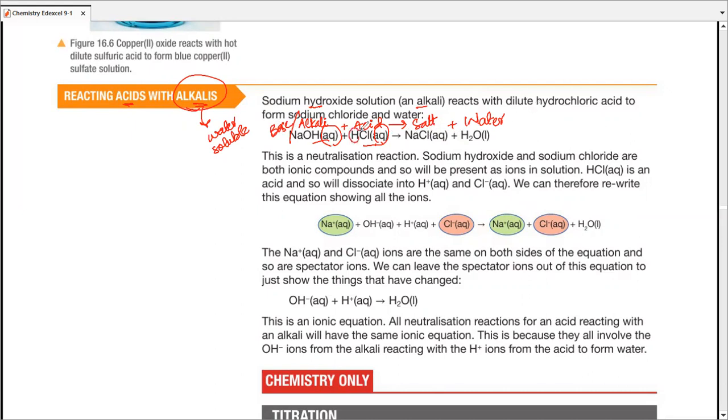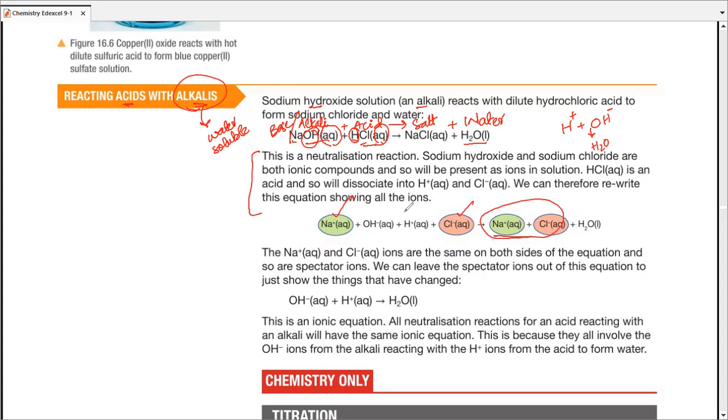So take the H out of the acid and the OH out of the alkali. That's how it's going to form H2O. So H plus OH is going to give you H2O. If I am exact, that is H positive, that is OH negative. That's how water forms. Combine the rest, you have sodium and chlorine, or if I am exact, sodium ions and chloride ions, which are written here in green and red color, and you'll get your salt.